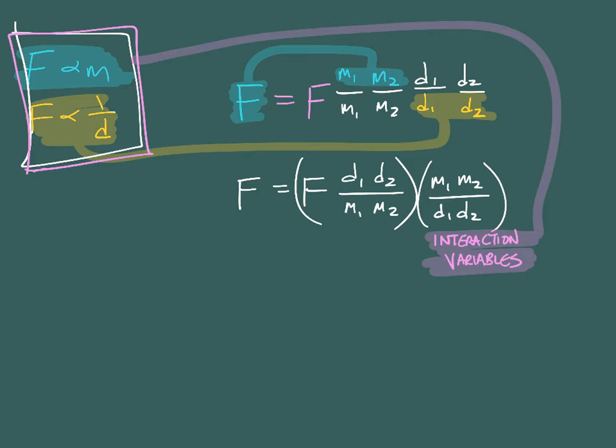Okay, that's why we're calling those the interaction variables. And then there's the rest of this story. The other part that's left over is going to be our constant of proportionality.